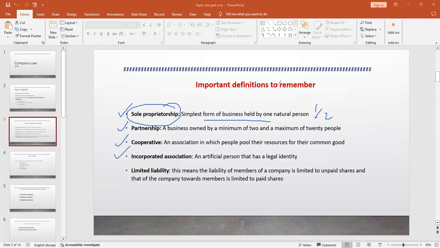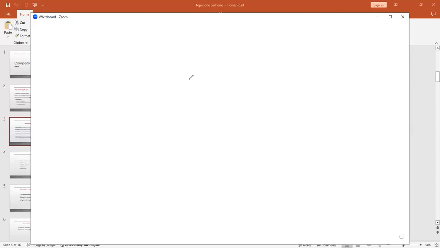The simple thing I want you to take from all that is, if you're talking about a sole proprietor, irrespective of the size, this is where most entrepreneurship teachers tend to go wrong. They'll say a sole proprietor is a small business. Nope, size is immaterial.